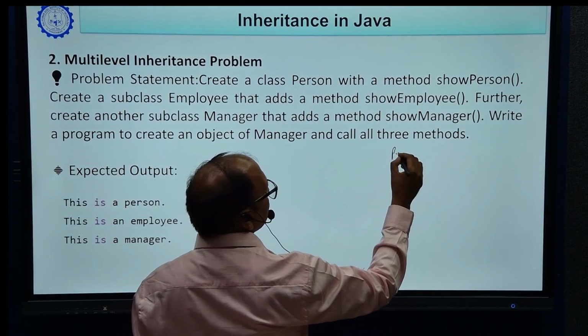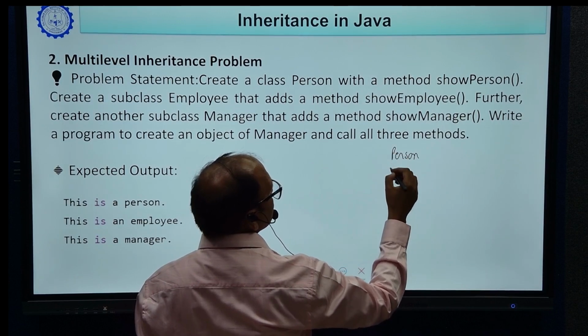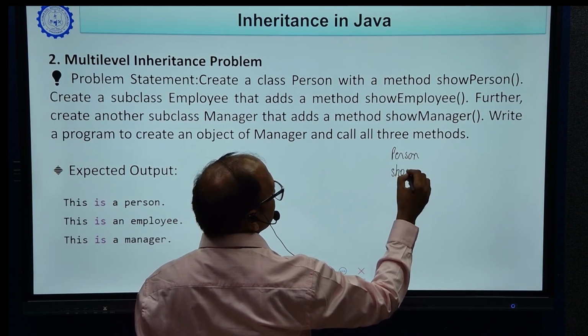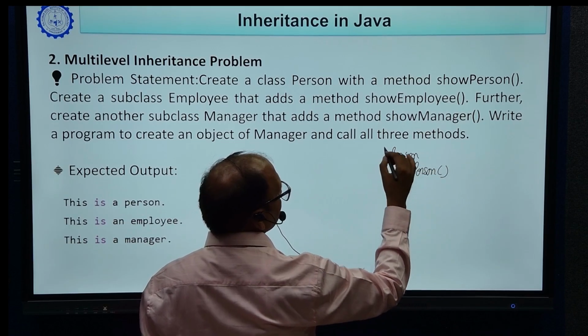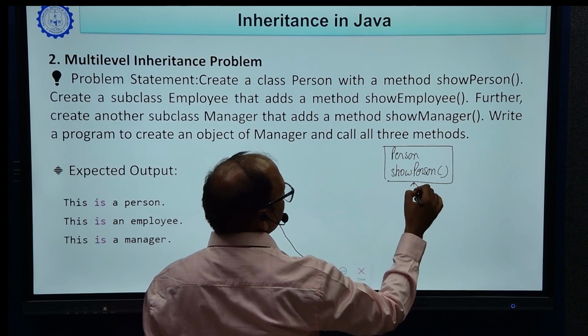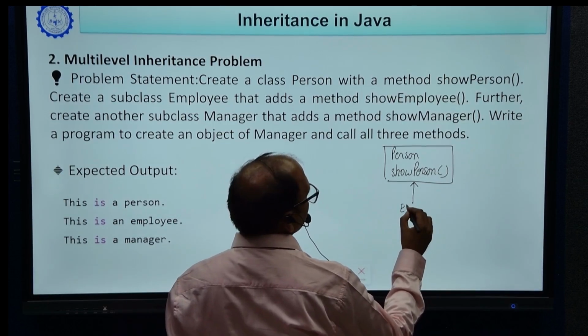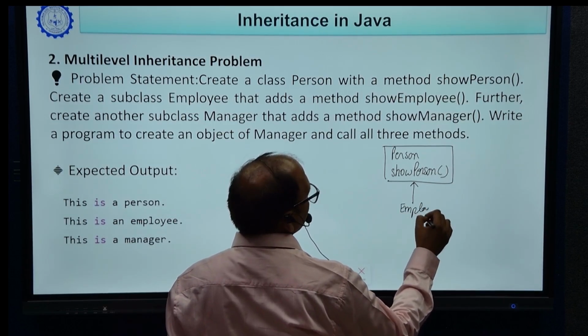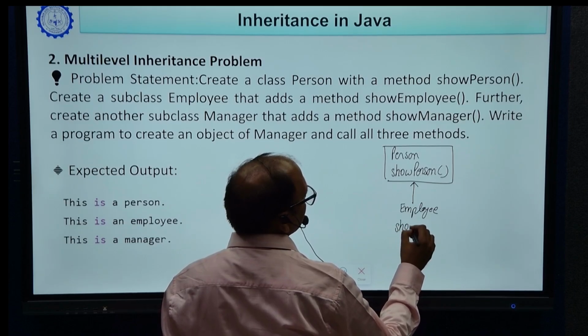One is the person class, and this person class is having method show person. This person class will be inherited by the employee class, and this employee class is having method show employee.